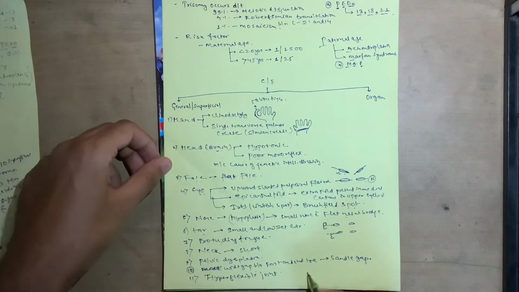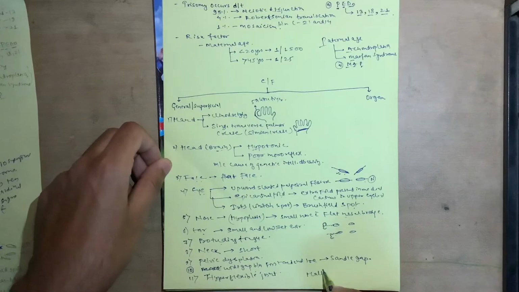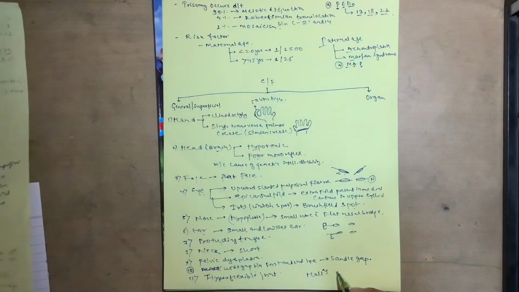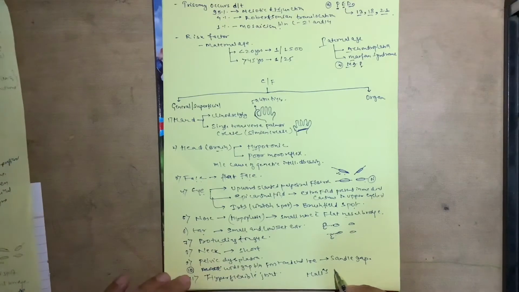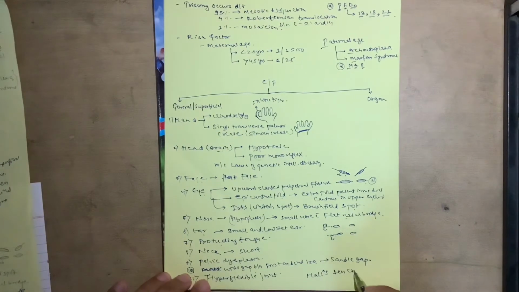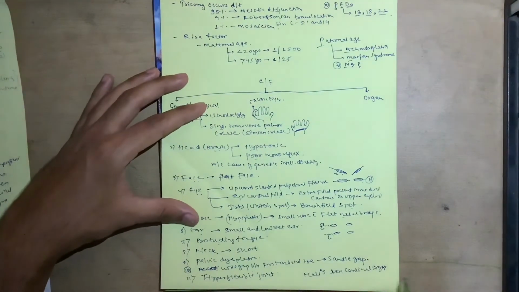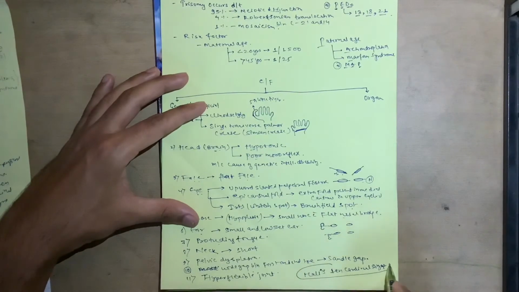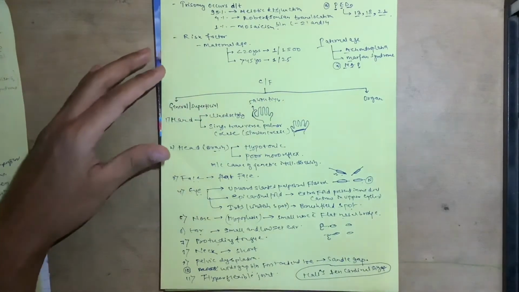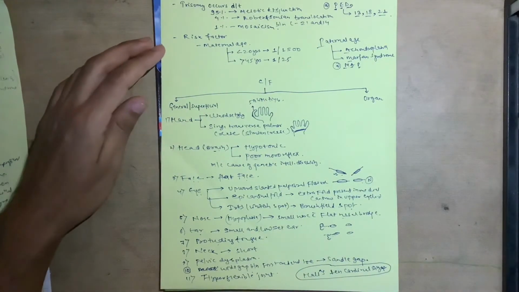There is Hall's 10 cardinal signs that is used in the diagnosis of Down syndrome in the neonate.